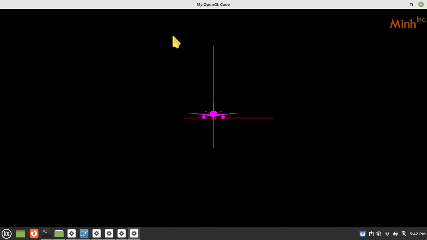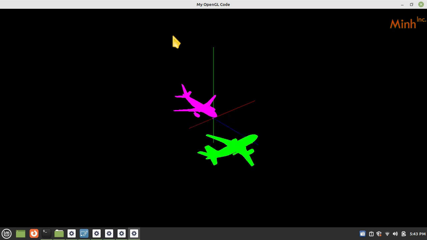Now there are two aeroplanes. Okay. Now one aeroplane I'll move. So green is moving and it is ready to take off. So it will go.